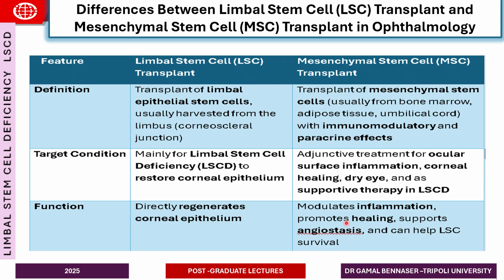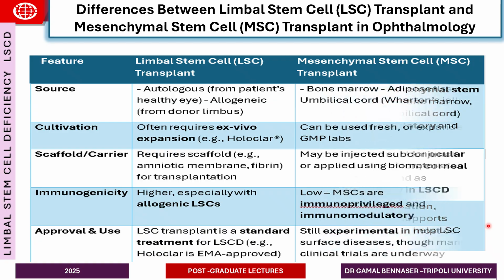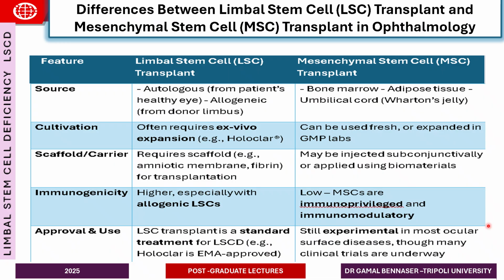However, the mesenchymal stem cells modulate the inflammation by promoting healing and supporting angiogenesis, and prepare the microenvironment for the niche cells of limbal stem cells for growth and multiplication. So mesenchymal stem cells mainly have an adjuvant and supportive effect for limbal stem cell therapy.